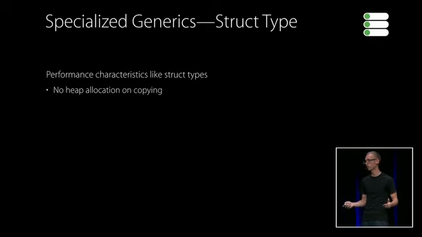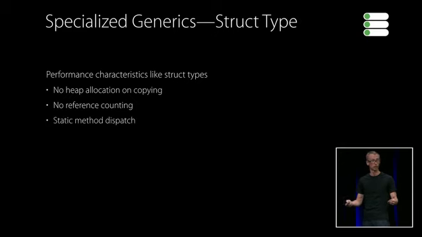In this case, we have performance characteristics identical to using struct types because, as we just saw, the generated code is essentially as if you had written this function in terms of a struct. No heap allocation is necessary when we copy values of struct type around. No reference counting if our struct didn't contain any references. And we have static method dispatch, which enables further compiler optimization and reduces your runtime execution time.